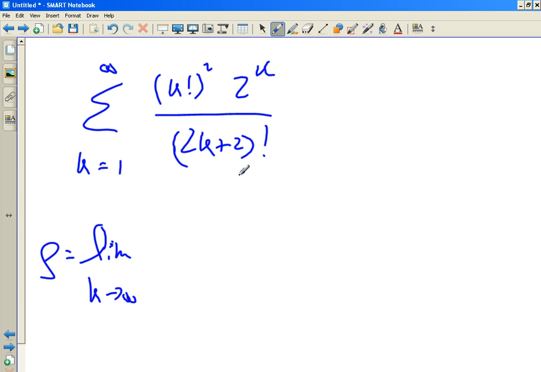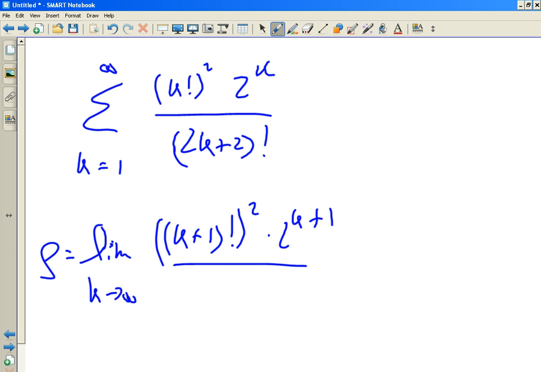How do you write u sub k plus 1? (k plus 1) factorial squared times 2 to the k plus 1 over, what about this? If I plug in k plus 1, what do I get?